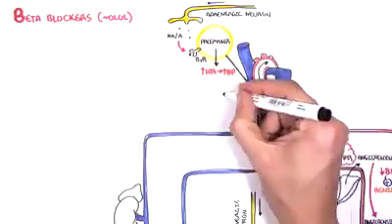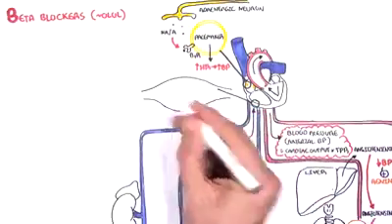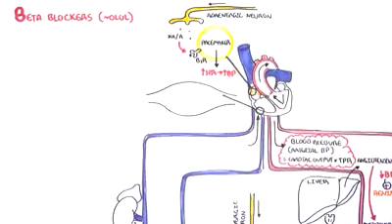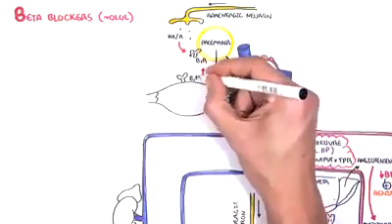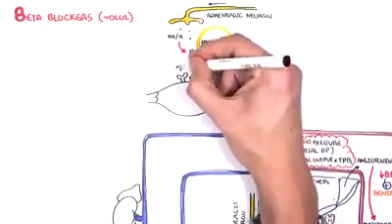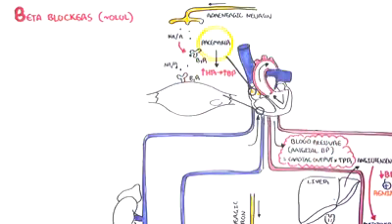Further, the heart itself is a muscular organ. It is made up of cardiomyocytes, which are basically the cardiac muscle cells. The cardiomyocytes are the cells which contract and help eject blood out. The heart muscle cells also contain beta-1 receptors.